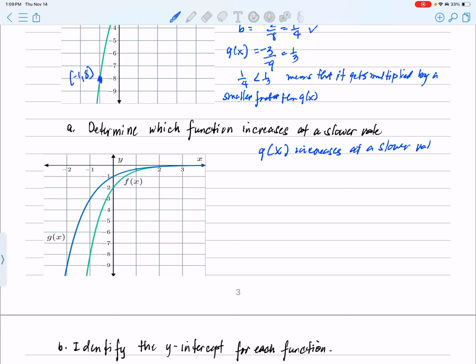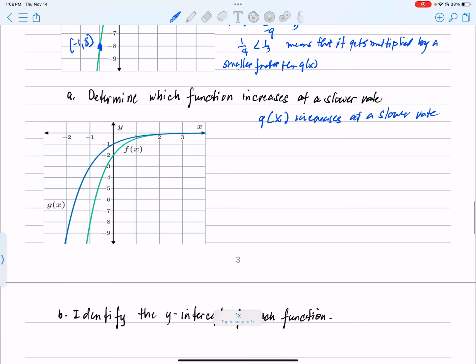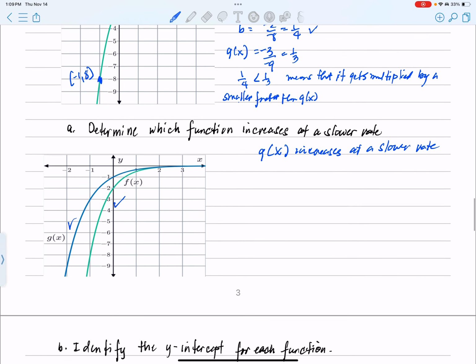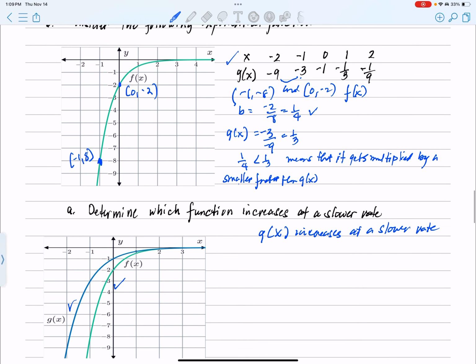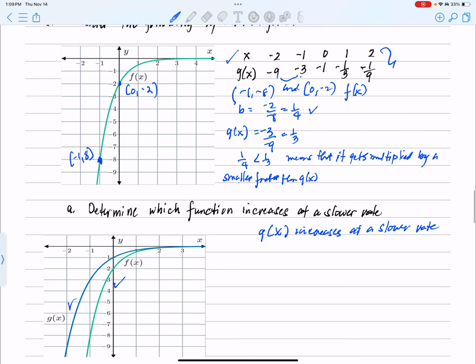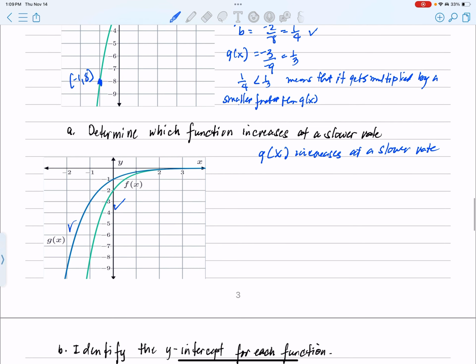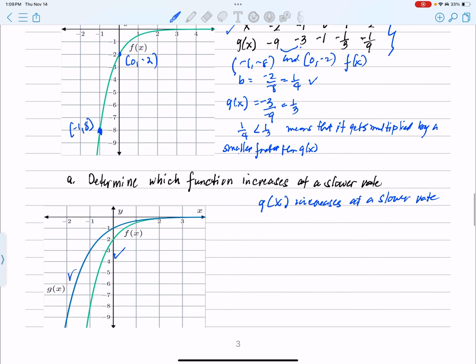From this graph right here, this is the g of x and this is the f of x. By using the table, like this table right here, we can plot this graph. So let's say it's pre-plotted already. When it's negative 2, it's 9 right here.